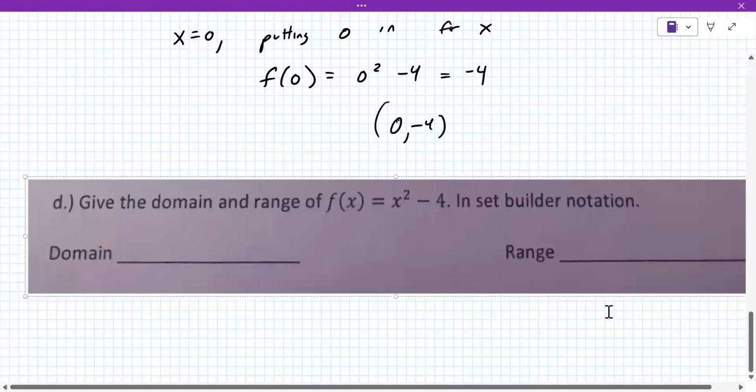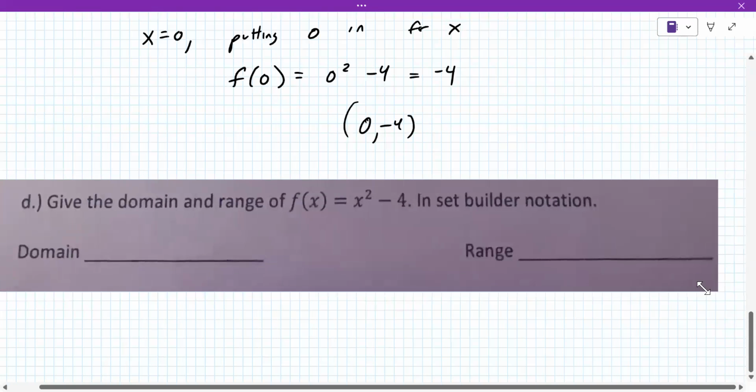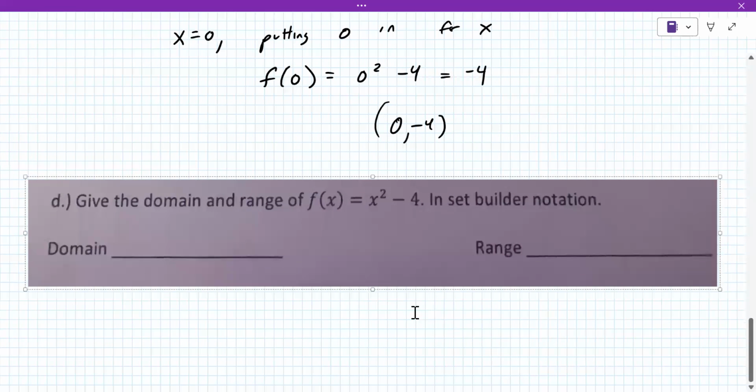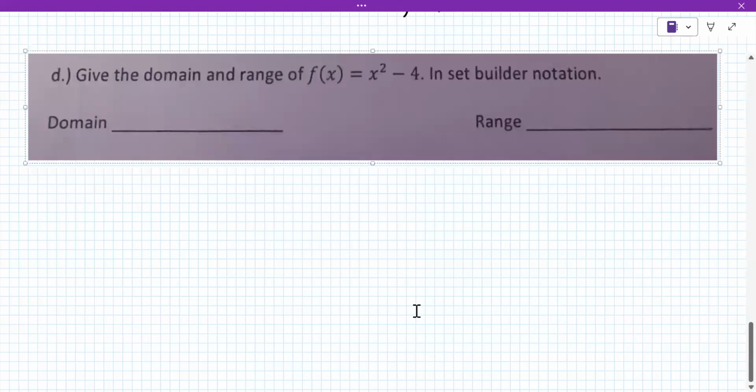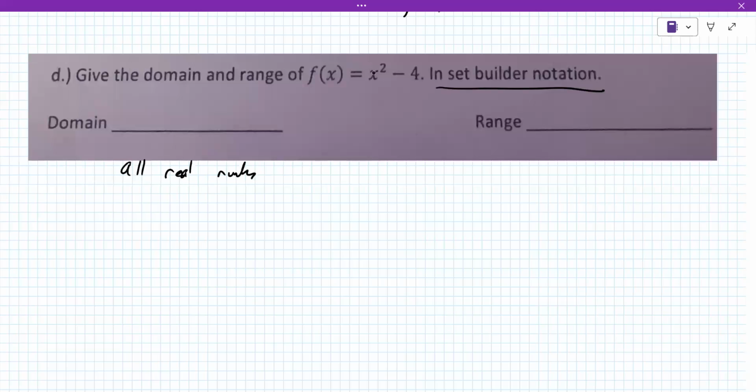Here is the domain and range question. Until otherwise stated, the domain of functions that you know about is everything, all real numbers. Now they require you to put it in this set builder notation. Okay, they don't, but you have to do it this way.